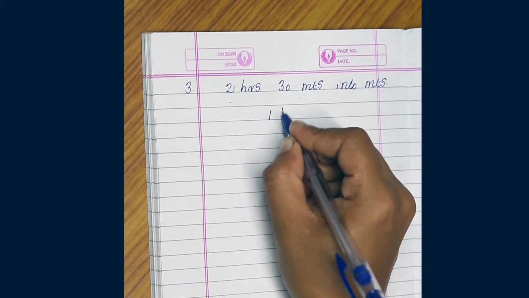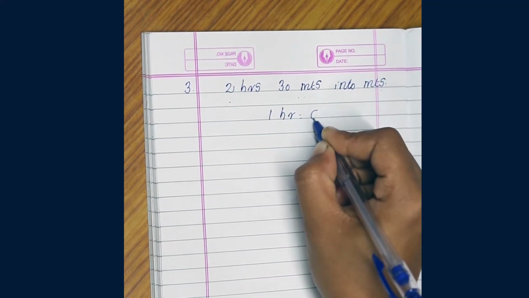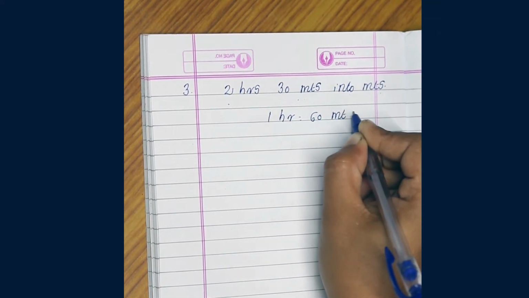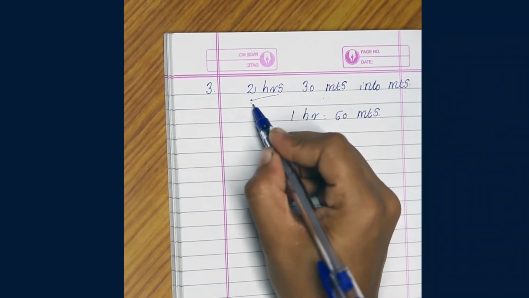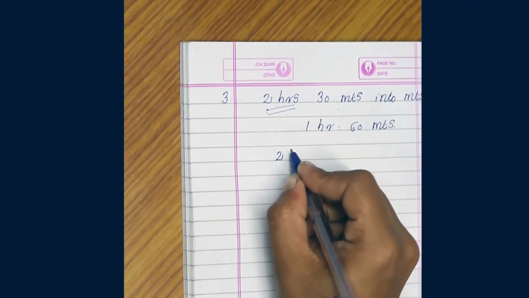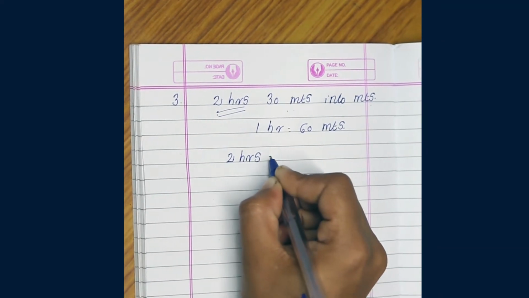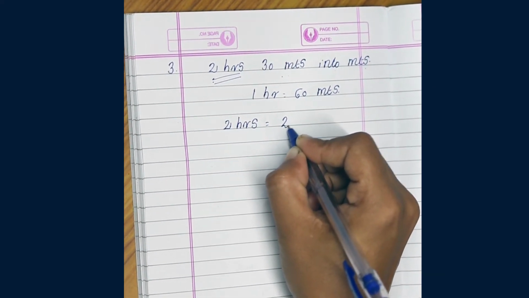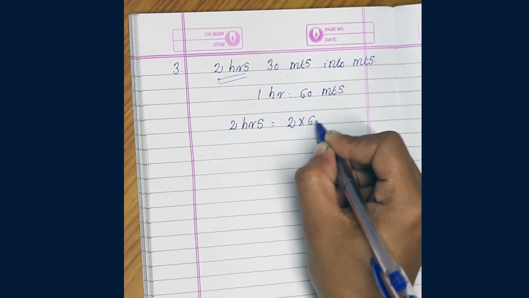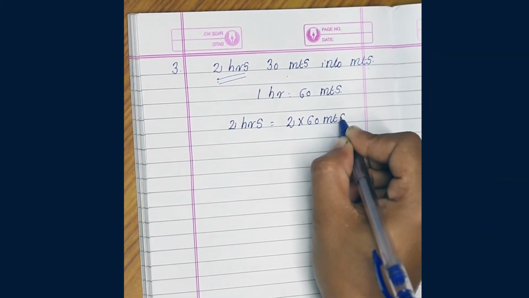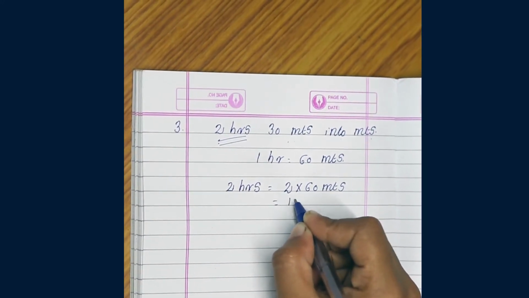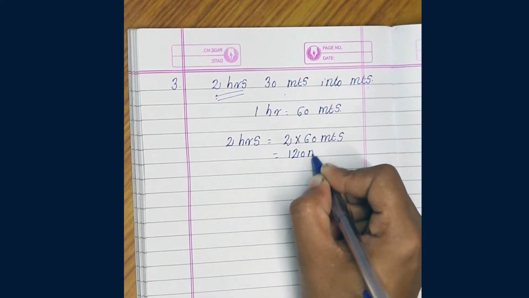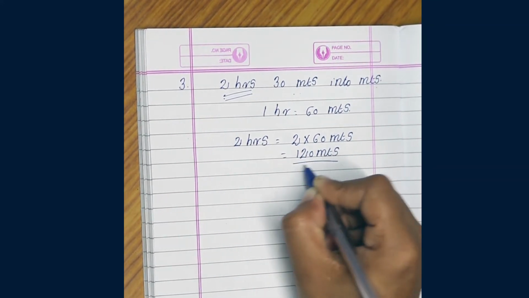We know that 1 hour equals 60 minutes. Here we want to convert 2 hours into minutes. So 2 hours equal 2 multiplied by 60 minutes. So 2 6s are 12. Then put 1 zero. So 2 hours equal 120 minutes.